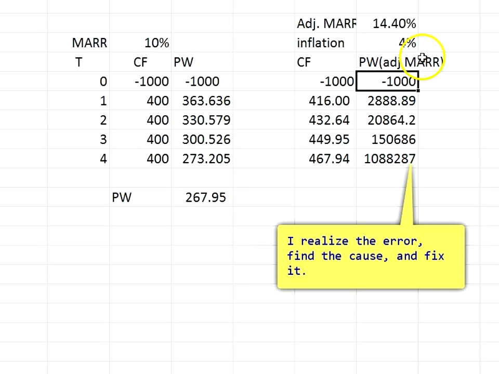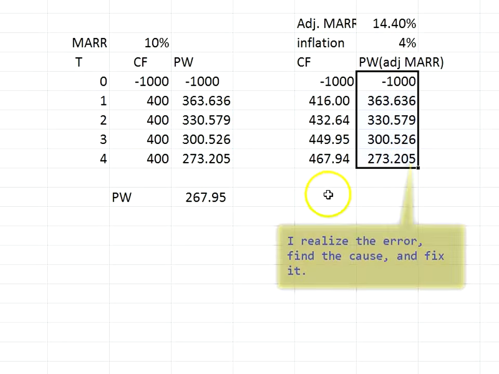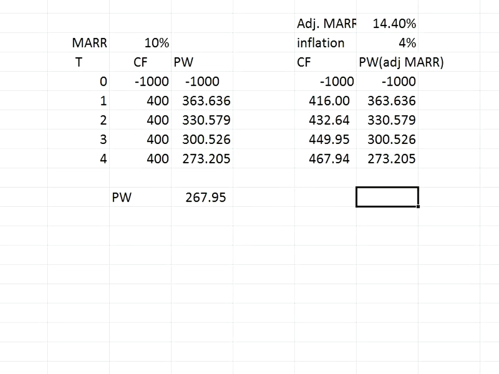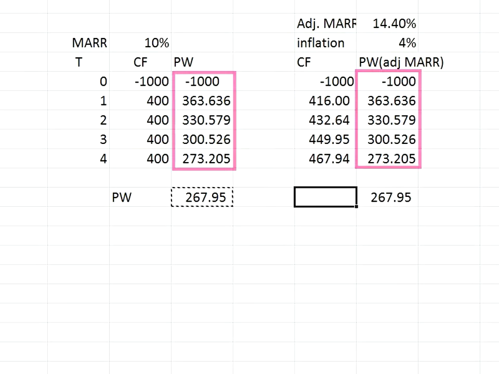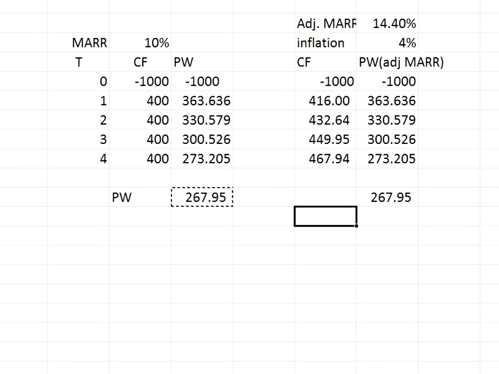Oh, I'm sorry, it has to be 1 plus. Okay. And clearly, as you can see, these two columns are the same, so when we add that column, of course, the answer is going to be the same. So it is going to be the same present worth as long as we make the proper computation of the adjusted minimum attractive rate of return that considers inflation.